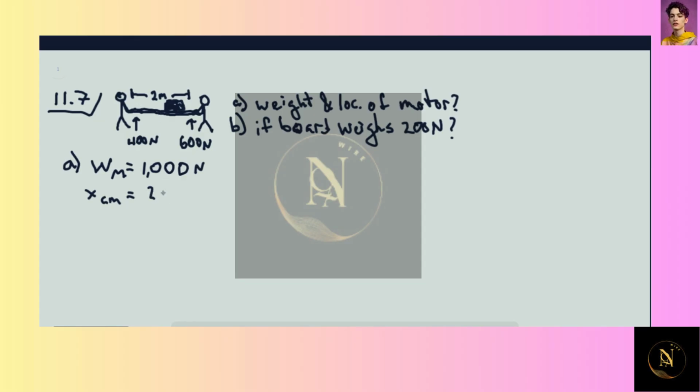This distance is going to be 2 meters, the total length, times the ratio of the force that this person is exerting to its weight, which we also should put a little box around.